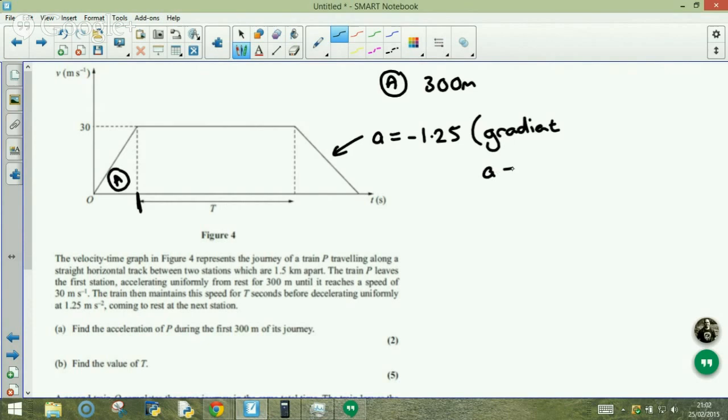And remember, we know that the final velocity is going to be 0. We know that the initial velocity was 30. And we got t, and that's all equal to minus 1.25. Anyway, I'm getting ahead of myself.